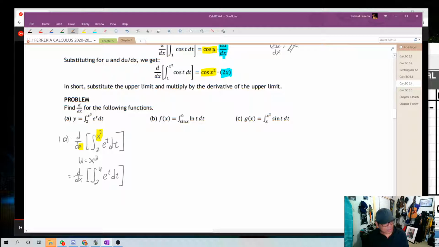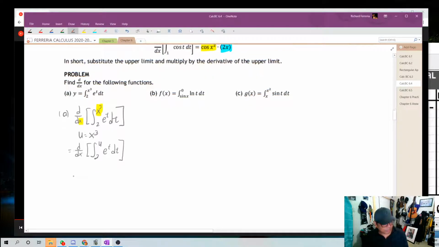Okay, well, that's getting closer. I'm going to use the chain rule now. So in order to do this derivative, I'm going to take the derivative with respect to u of the integral from 2 to u of e to the t dt, and then I'm going to multiply by du dx. Checking again, the upper limit matches with the variable of differentiation. So this is just equal to e to the u.